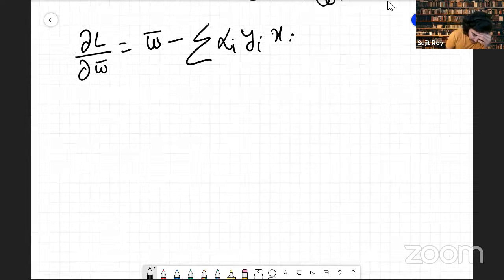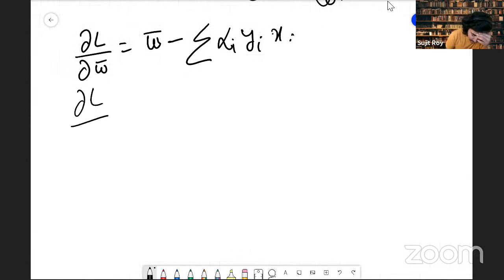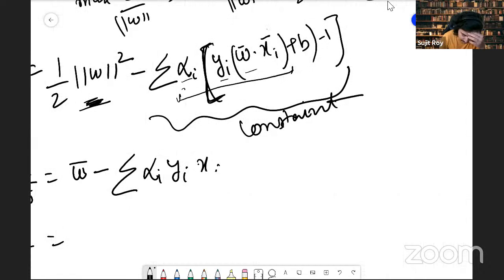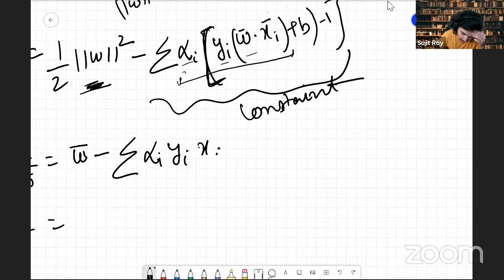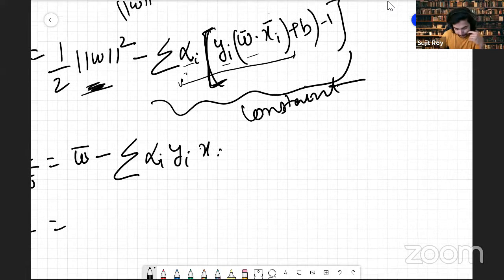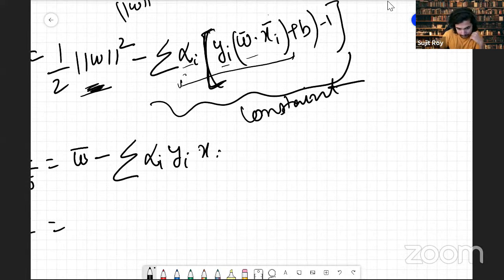And then when we are trying to do it with respect to b, we will do the same thing. So in this term, we have b only here, which is getting multiplied with alpha and y.